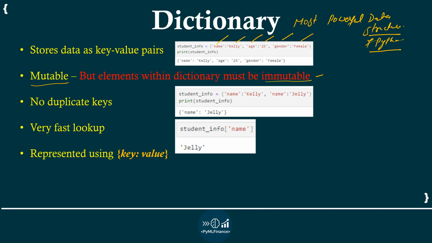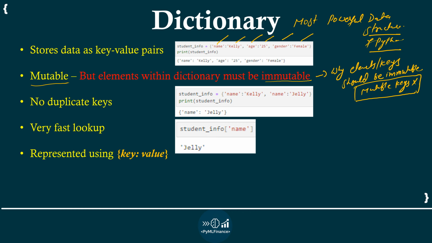I will discuss in some other video why the keys should be unique and immutable. It cannot have mutable keys. Similarly, a set cannot have mutable values within it.